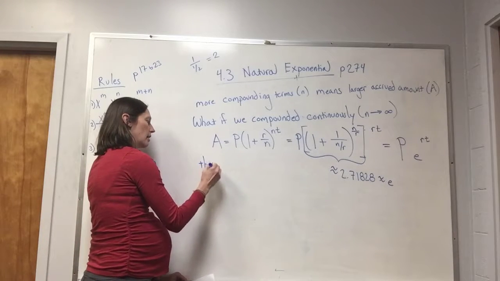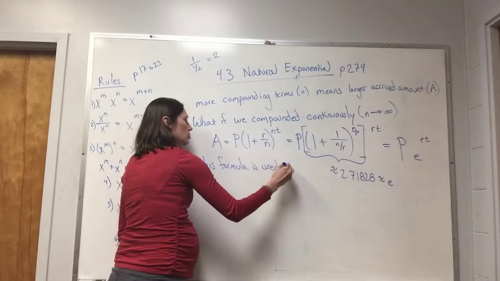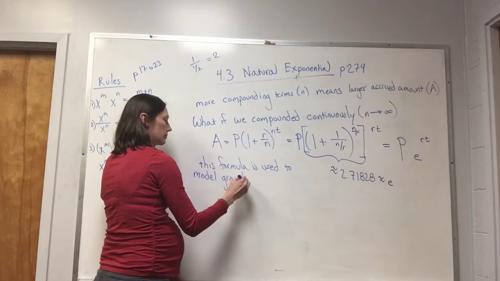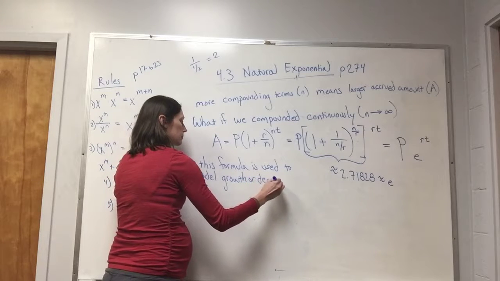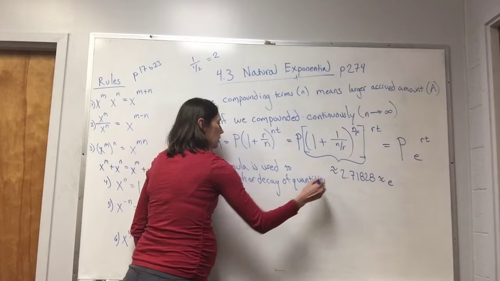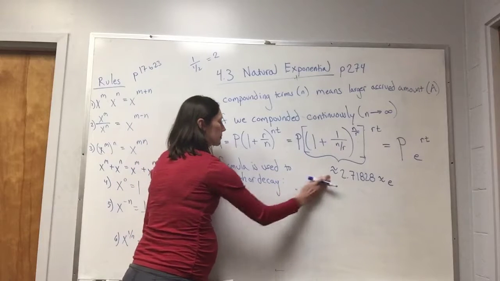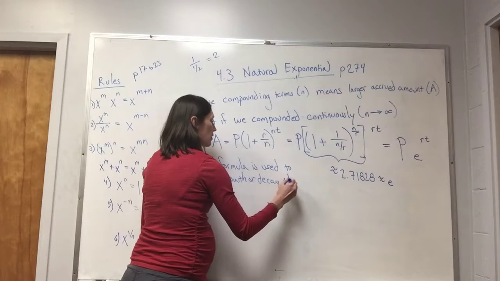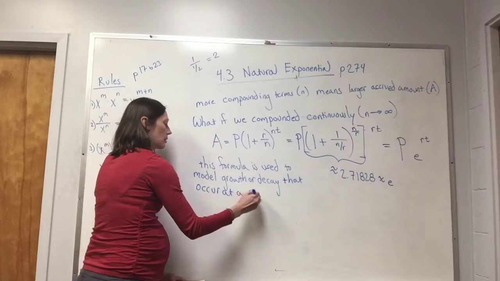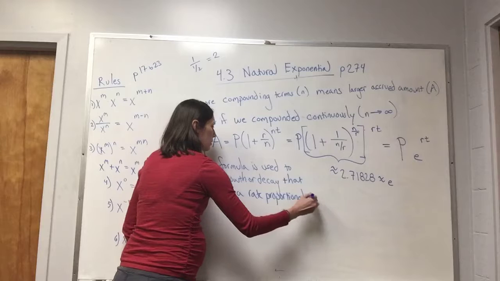So this formula is used to model growth or decay of quantities, growth or decay, let me rephrase, that occur at a rate proportional to size.